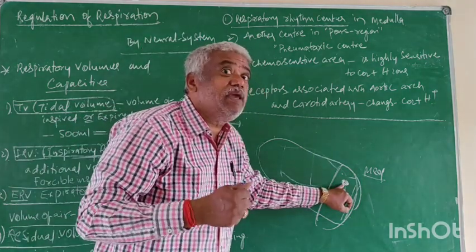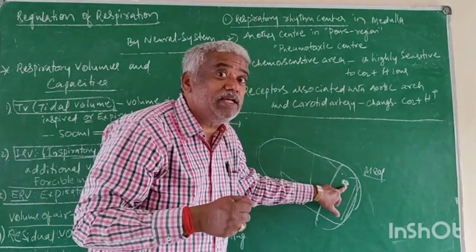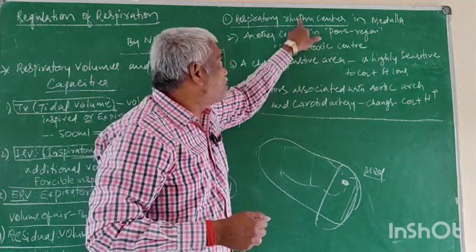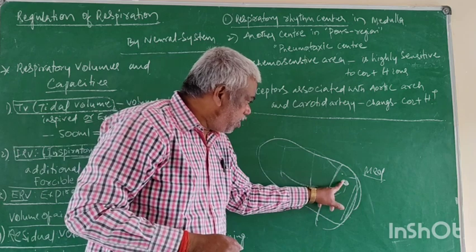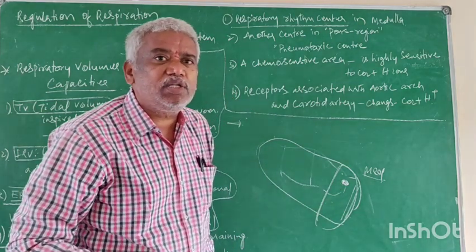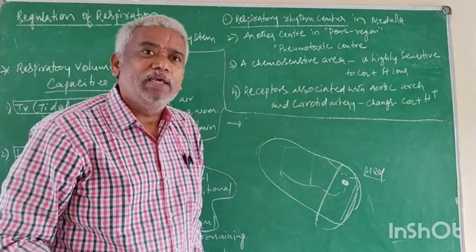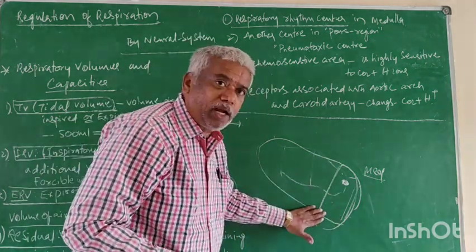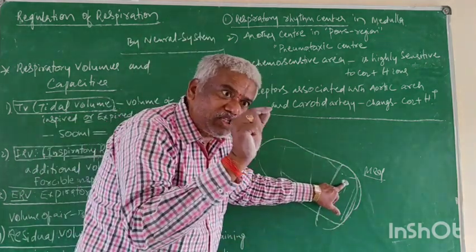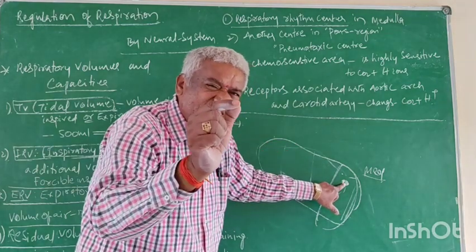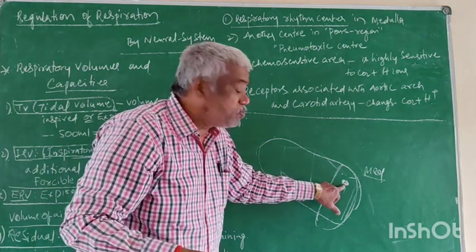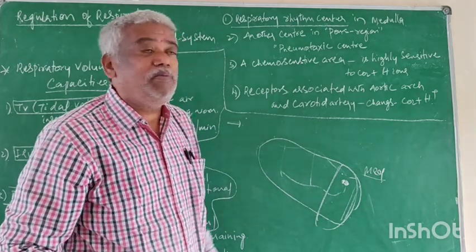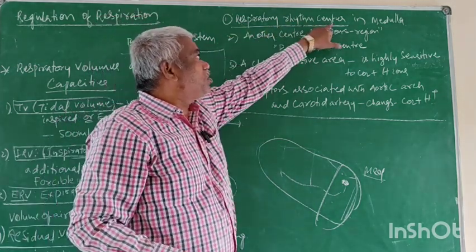This point is the respiratory rhythm center. Is this point present in the kidney or the brain? In the brain, in the medulla oblongata. So this is the total medulla oblongata, and in it there is a small point. This point's name is the respiratory rhythm center.